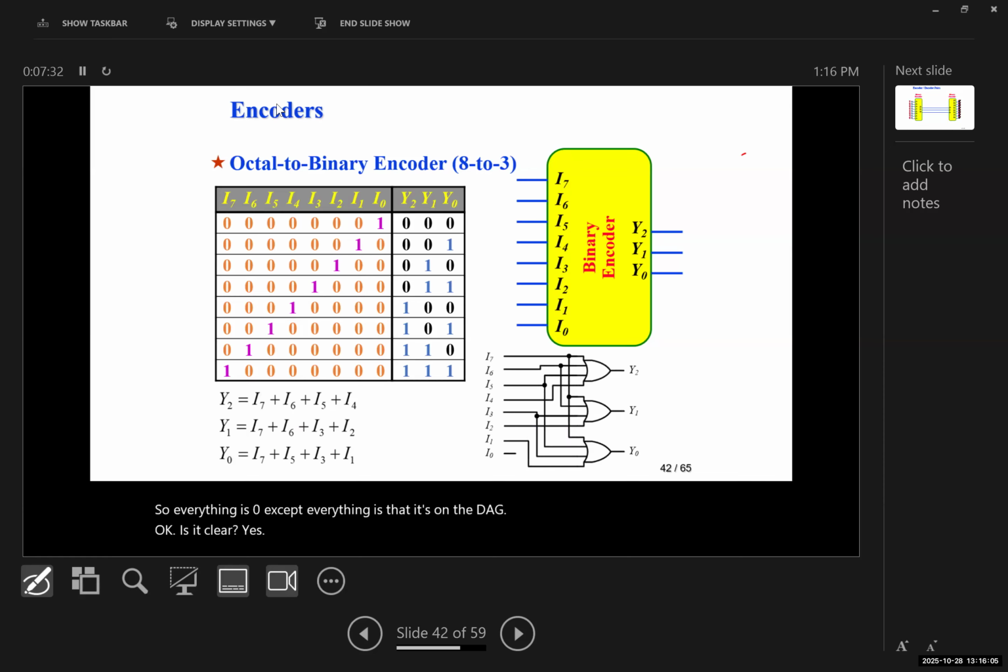Now, for an 8 to 3 encoder, the circuit is going to look like this. We're going to have 3 OR gates connected. The outputs are the 3 outputs, and we will have 8 inputs, I0 to I7.